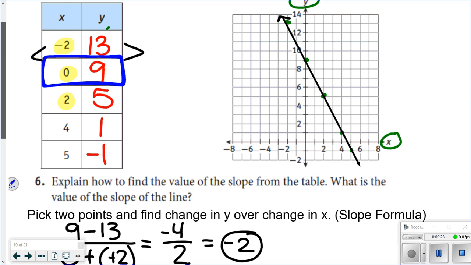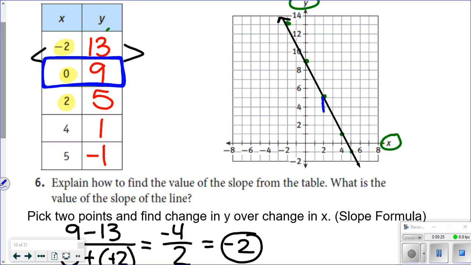So if I scroll back up here, I'm going to pick this point down to this point, and let's count our rise divided by run. Well, I know that my graph is going downward, so my slope is going to be negative right off the bat. My line is decreasing, or falling from left to right.